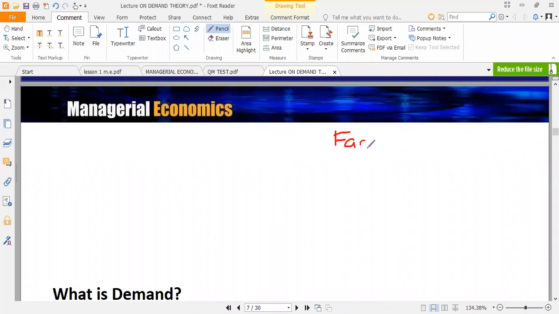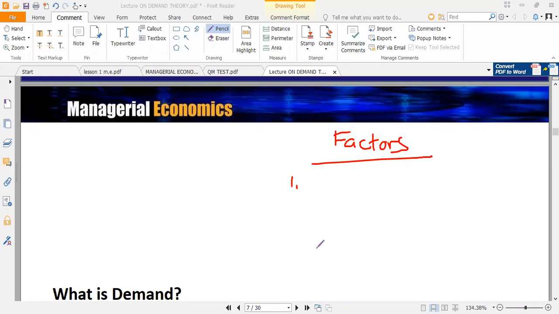What affects your demand for a particular commodity? Number one, each one of you tell me what factors affect your demand. Chansa, Joelle, Gloria, iPhone, Moses. Please use your name so that we move with our names.